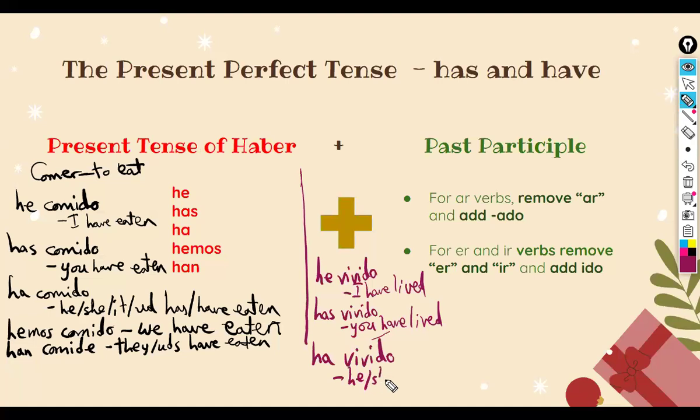He, she, it, usted has or have lived, right? Nosotros hemos vivido, right? We have lived.